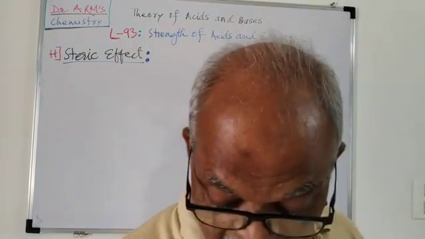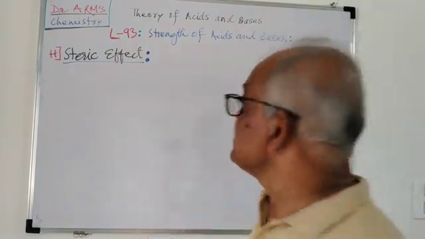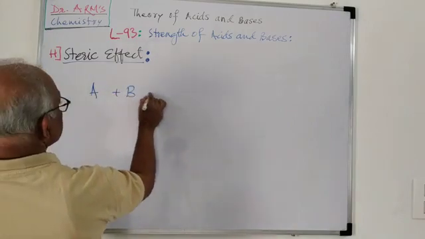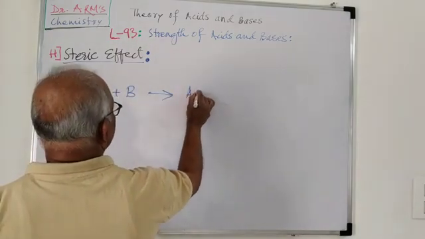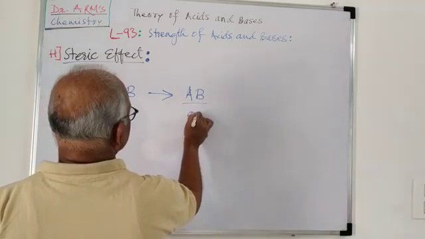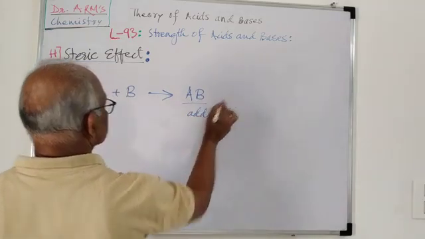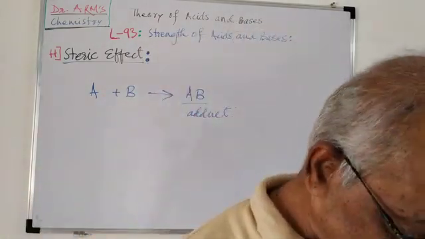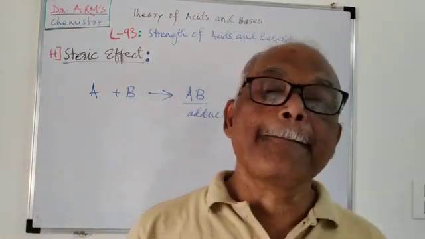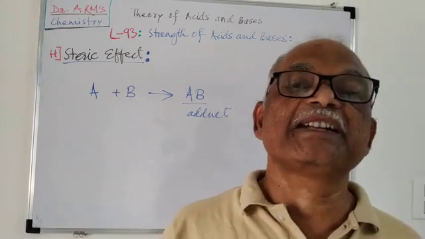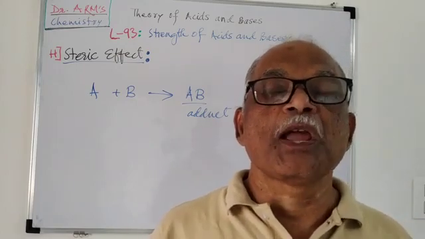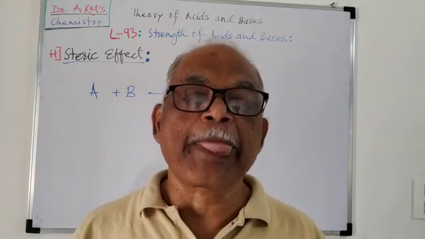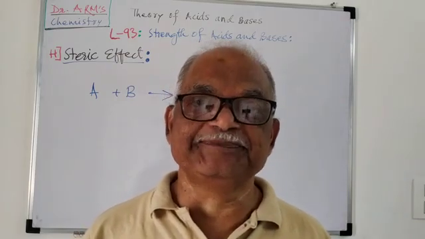Now if we see the general reaction of acid and base, say acid is A and base is B, it gives AB as the product. So the steric effect is pronounced when bulky groups are on the base or acid.